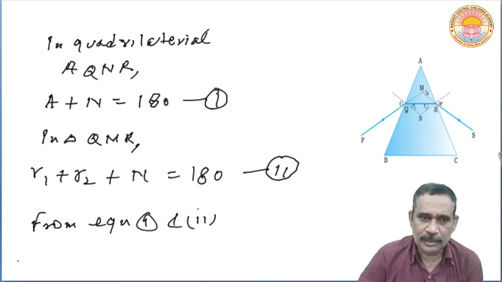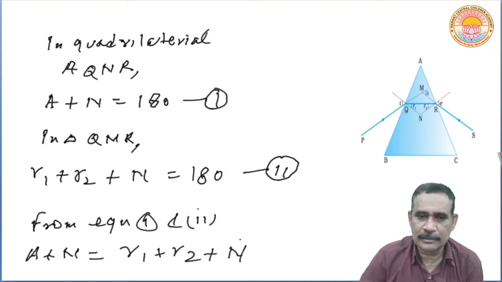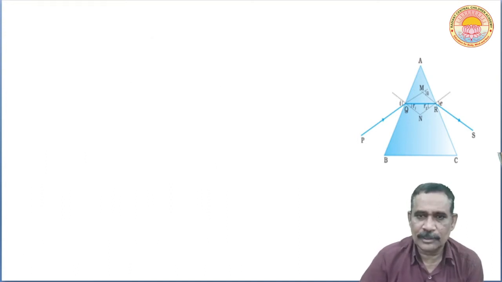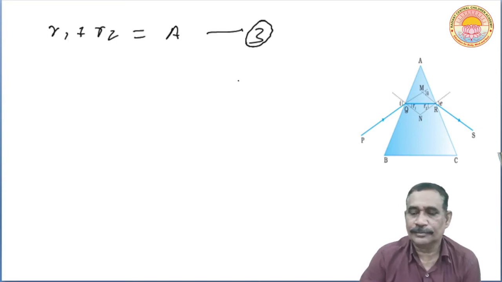Therefore A plus N is equal to R1 plus R2 plus angle N. Angle N will be cancelled from both sides. So R1 plus R2 equals A. This is equation third.